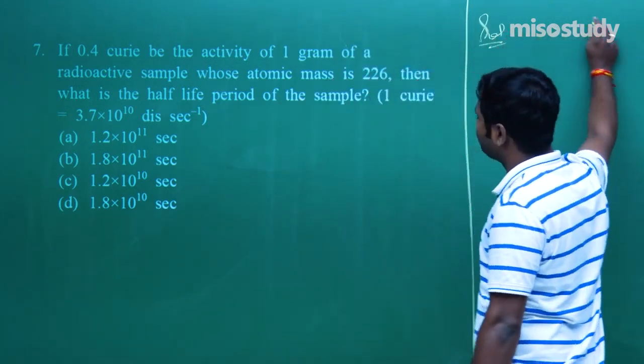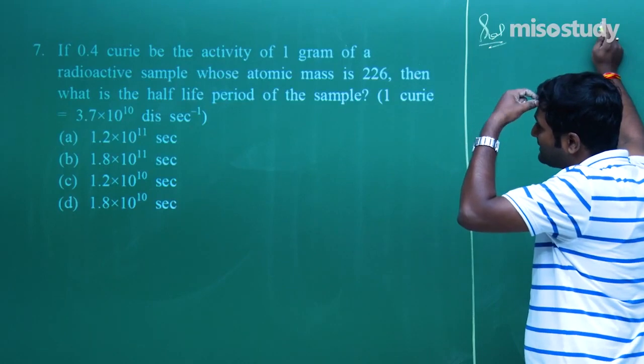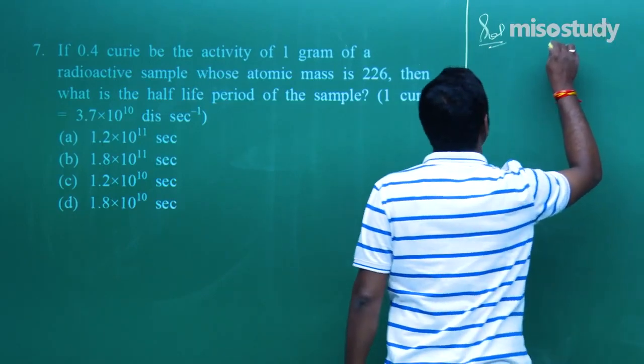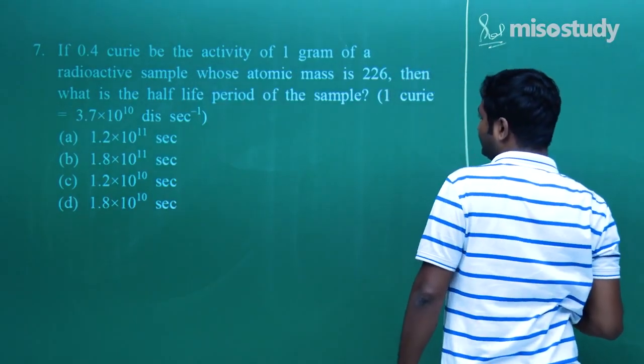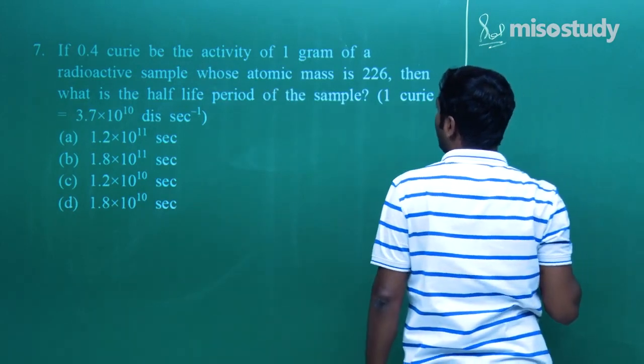That is the question. So in this case we all know the rate, dN/dt, is given here as 0.4.